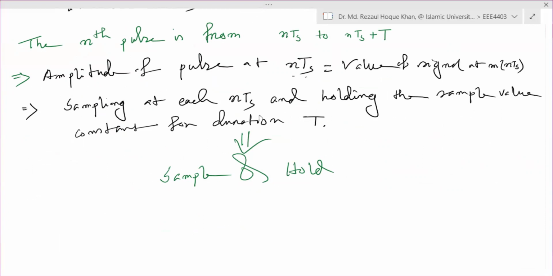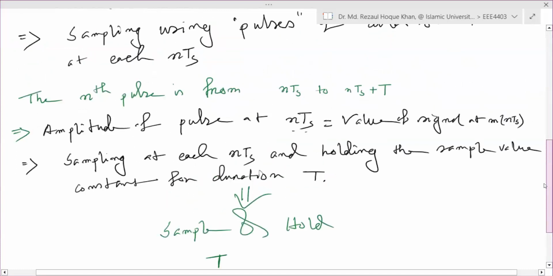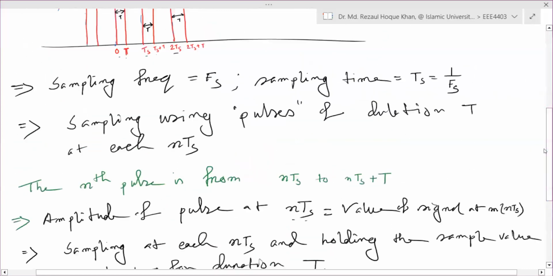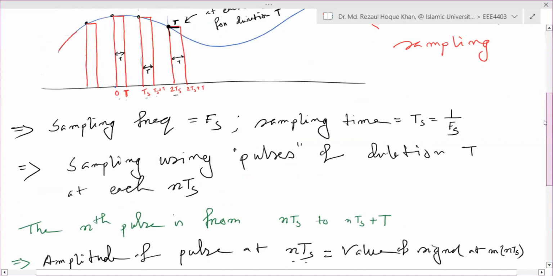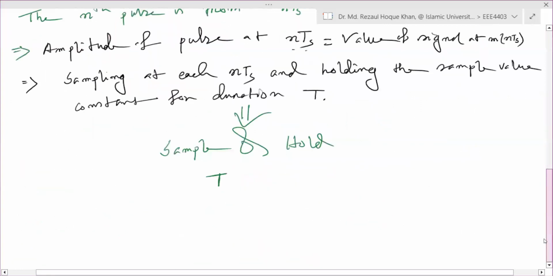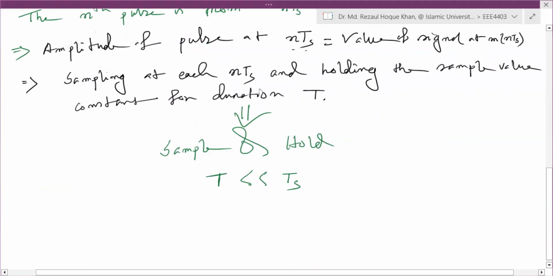Okay. For this sample and hold, the T duration, the sample duration, is where it was a sample here, and it will hold for T. This T duration should be much lower than the Ts. T is the pulse duration, right?